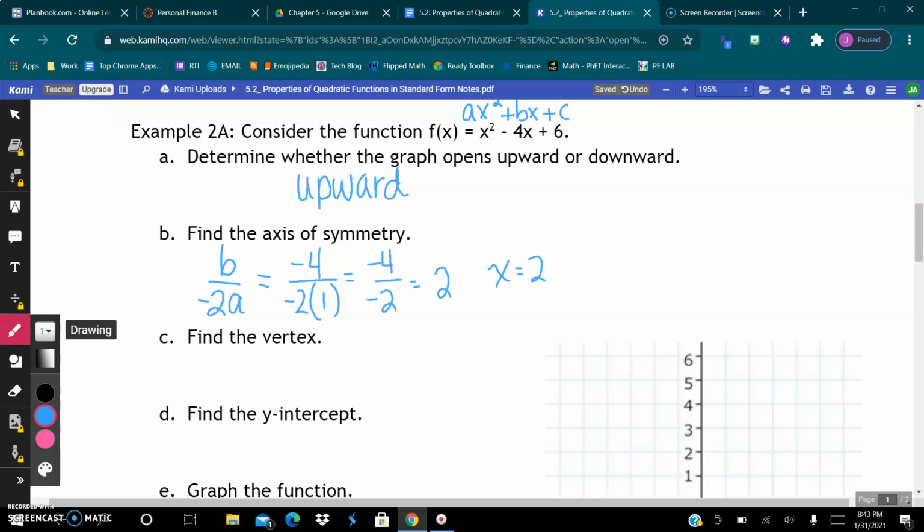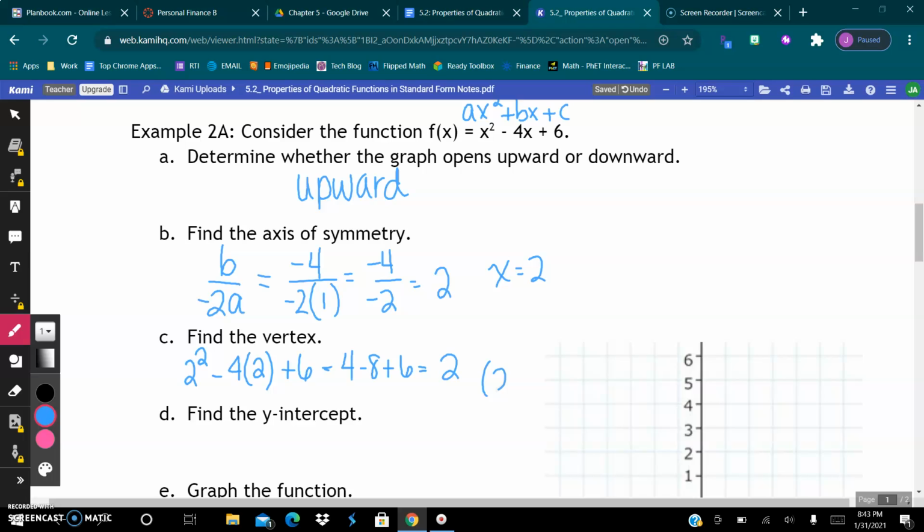Part C, find the vertex. Once you've found an answer for part B, you simply plug that number back in for all of the x's in that function. So we're going to have 2 squared minus 4 times 2 plus 6. That's 4 minus 8 plus 6. 4 minus 8 is negative 4, and negative 4 plus 6 leaves us with 2.